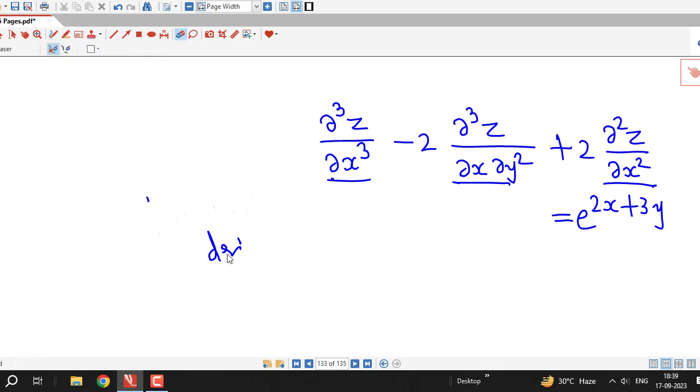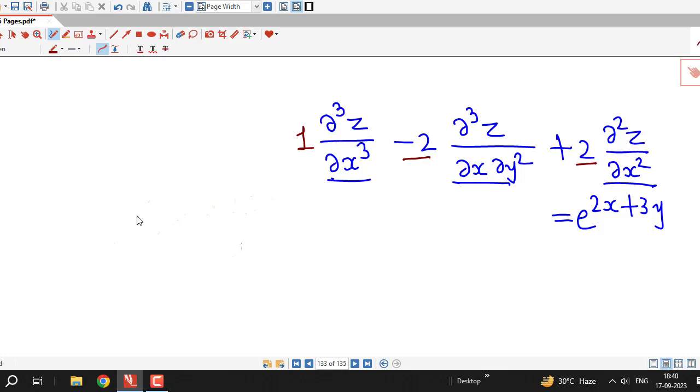And here we can see that these coefficients are constant. Here the coefficient of this derivative is 1, here it is minus 2, here it is 2. So this type of partial differential equation in which coefficients of all the derivatives of z are constant is called linear partial differential equation with constant coefficients.